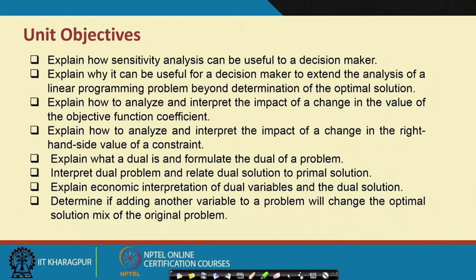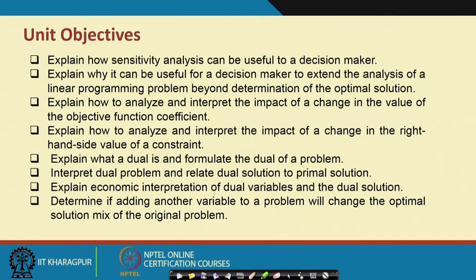We would like to highlight how sensitivity analysis can be used in the decision making process, and explain why it can be useful for a decision maker to extend the analysis of a linear programming problem beyond determination of the optimum solution. We also explain how to analyze and interpret the impact of a change in the value of the objective function coefficient, and the impact of a change in the right hand side value of the constant.